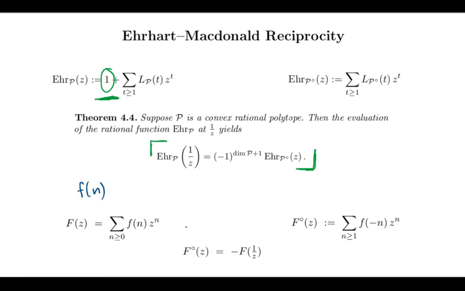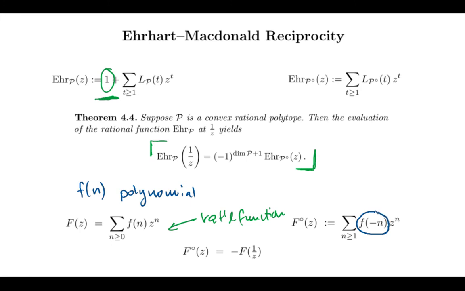of n, and let's assume this is a polynomial or quasi-polynomial. Then you know if we now form the generating function, so what I call capital F over here, this will be a rational function. At the same time, so this is sort of the reciprocal side, if I look at the function f of negative n, again, this will be a polynomial.